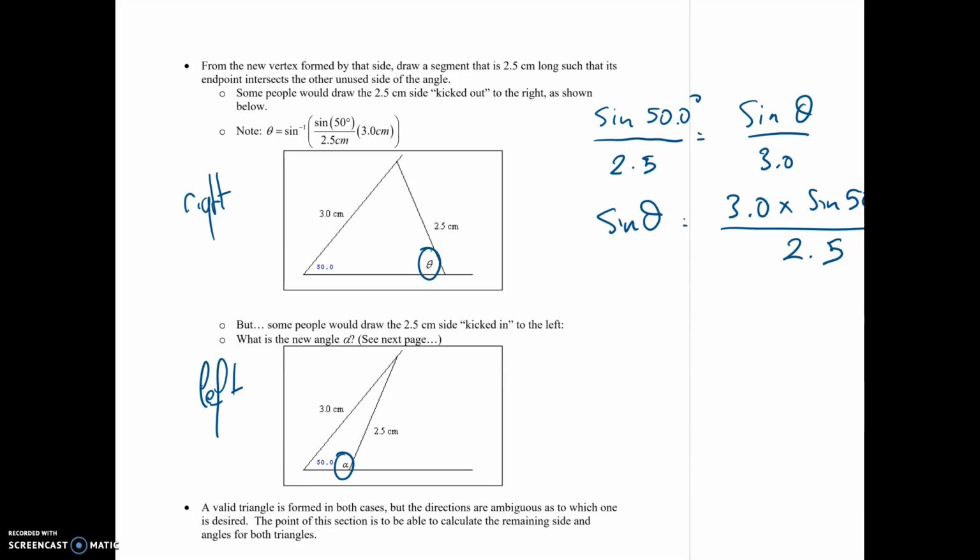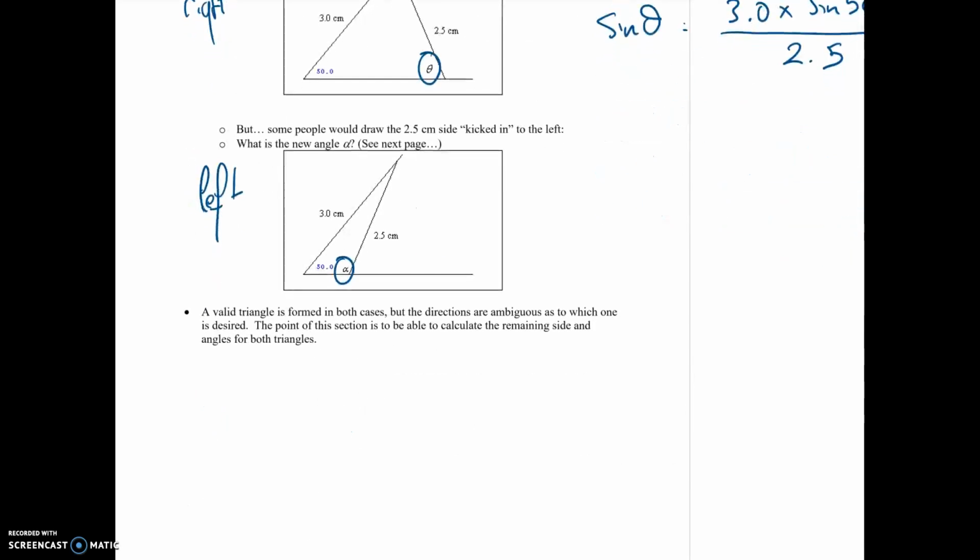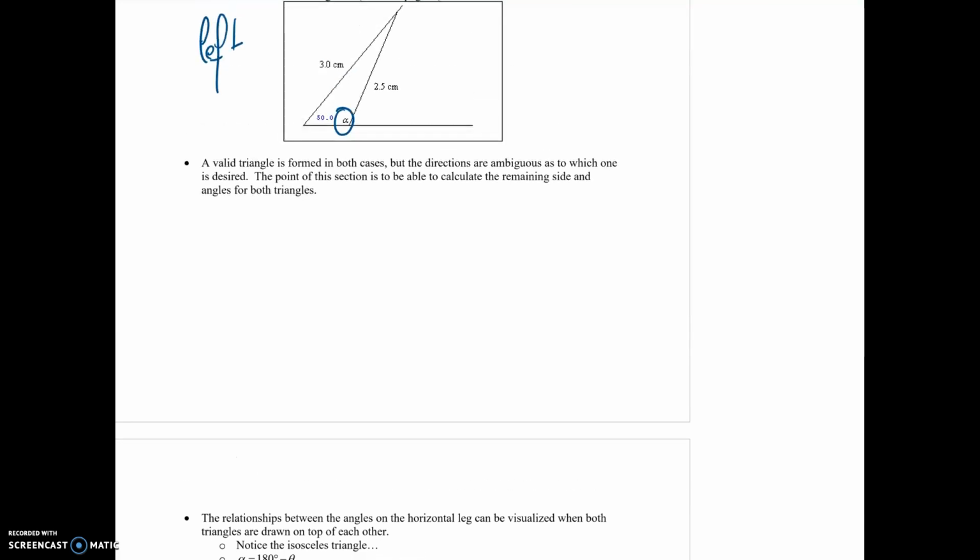So a valid triangle is formed in both cases, but the directions are ambiguous as to which one is desired. Two possible triangles, one acute, one obtuse. So I have two possible triangles, and we can try to solve both. That's what we are going to do.